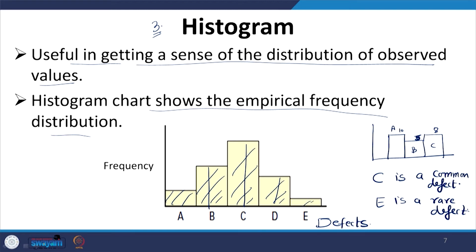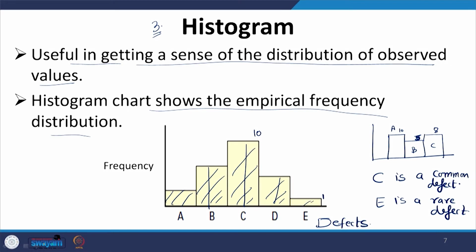Let us say this data is for 1 week. Out of that, only one occurrence is there for E, but there are 10 occurrences of C. So, almost daily, once or twice, you face the problem of C, but you rarely face the problem of E type of defect. Then you have the number of B, then D, then A. So, the different defects are happening at different rates.